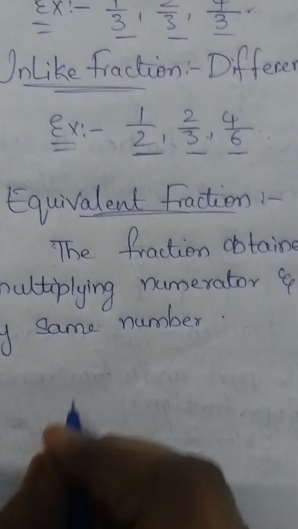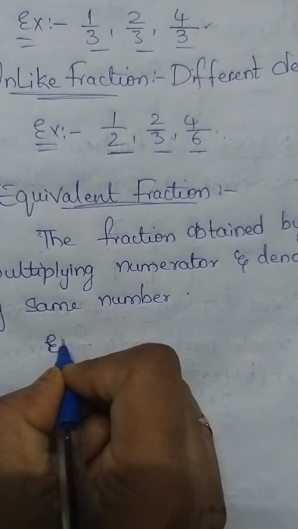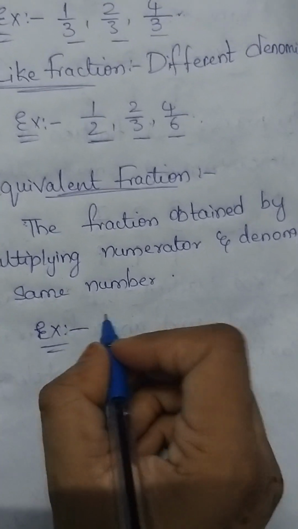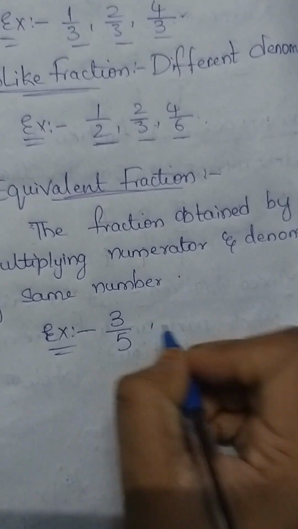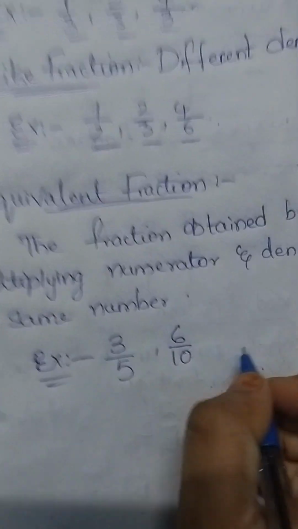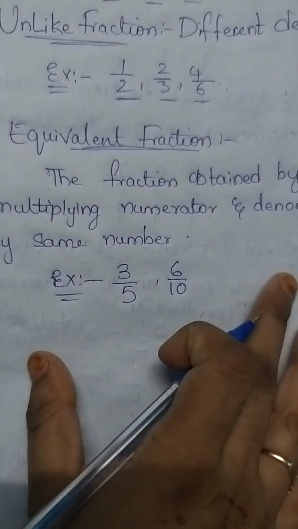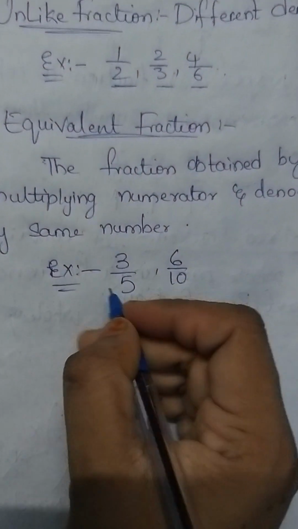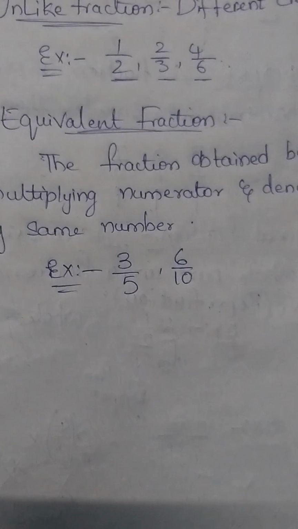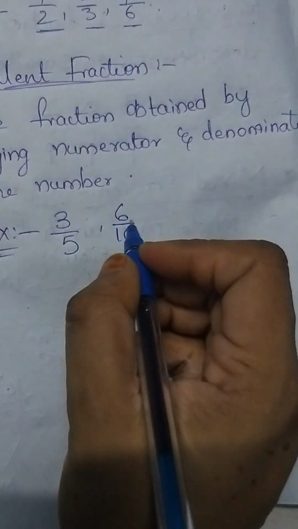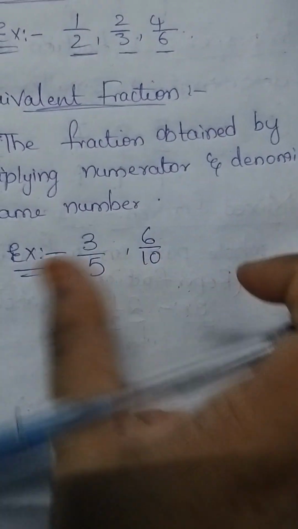That is, if you are given a question like this, 3 by 5 and 6 by 10, is this an equivalent fraction or not? Show. It is simply a one-step answer: you have to make these two fractions equal, children.